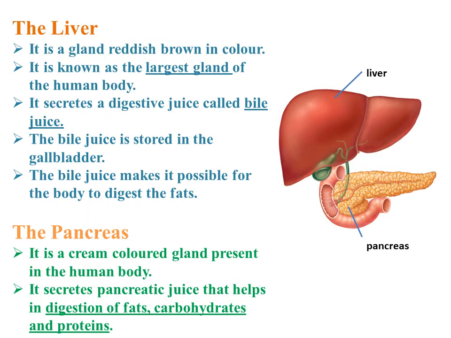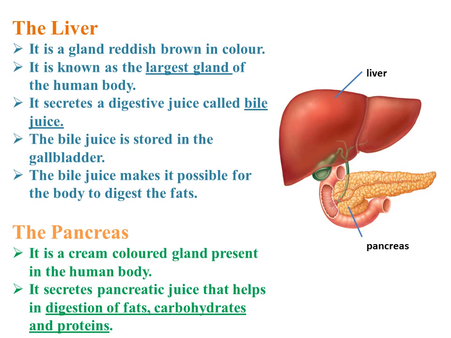Next comes the liver. As you already know, the liver is a secretory gland. It is reddish brown in color and is known as the largest gland of the human body. It secretes a digestive juice called bile juice.